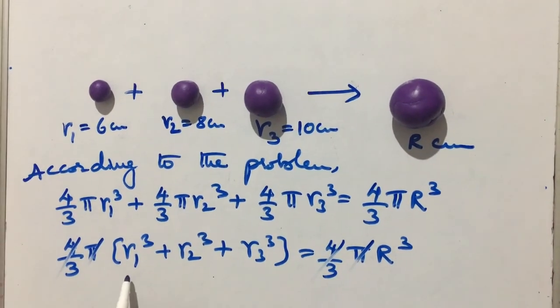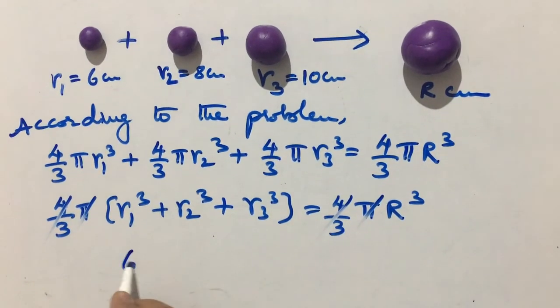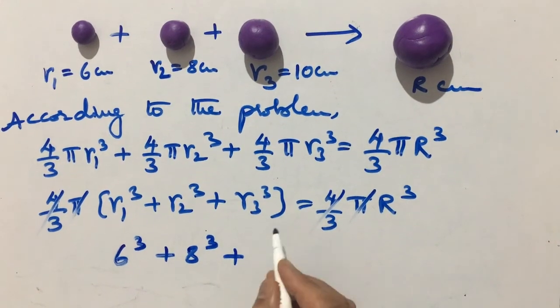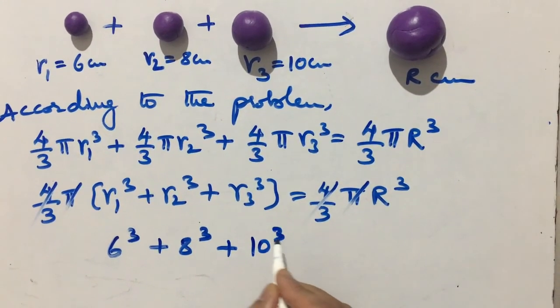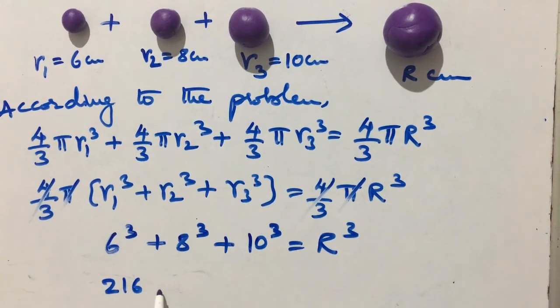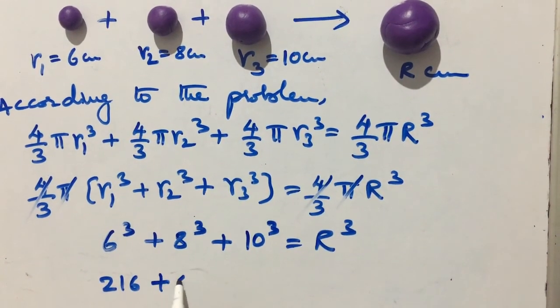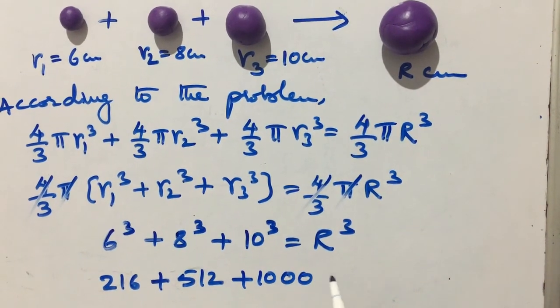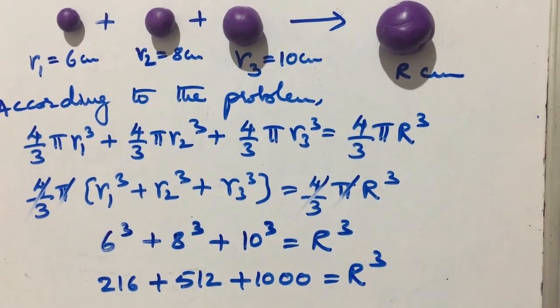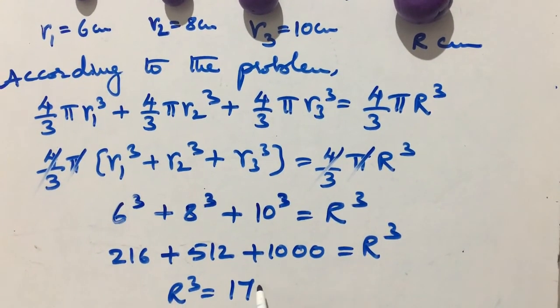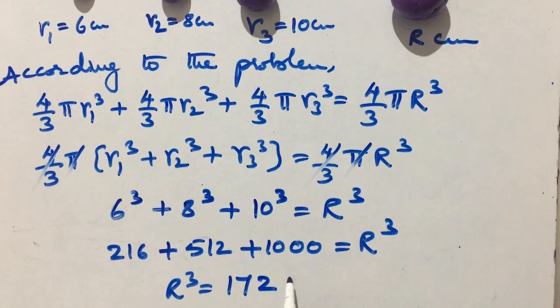The left out is R1 cube means 6 cube, and this is 8 cube and the R3 cube is 10 cube is equal to capital R cube. 216 plus 512 plus 1000 is equal to capital R cube. This is nothing but R cube is equal to 1728.